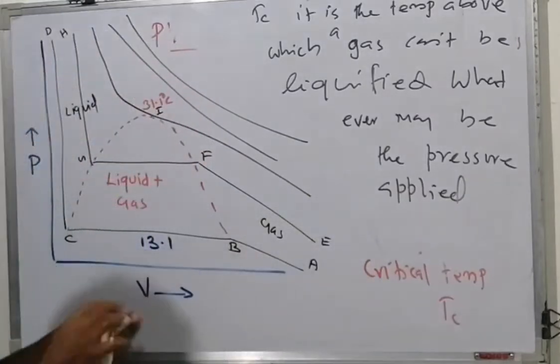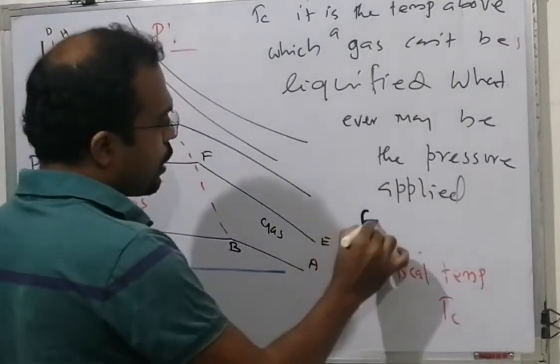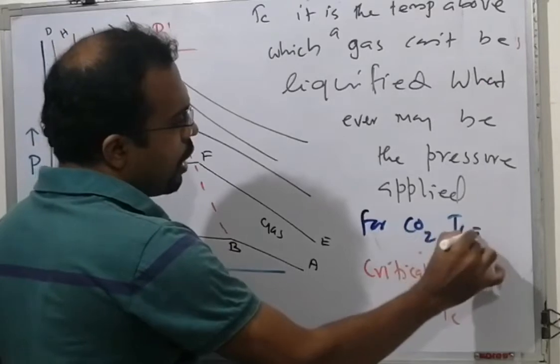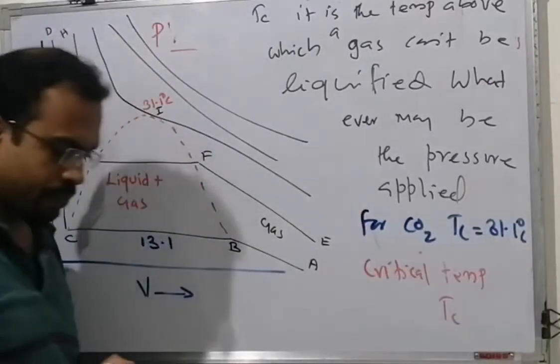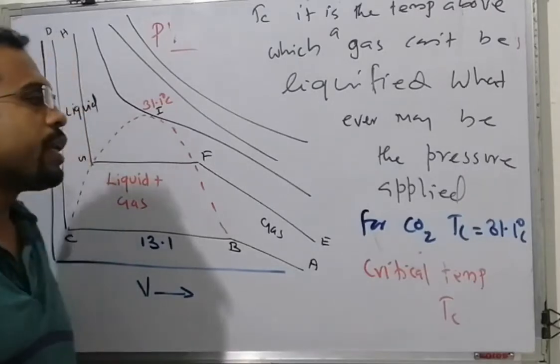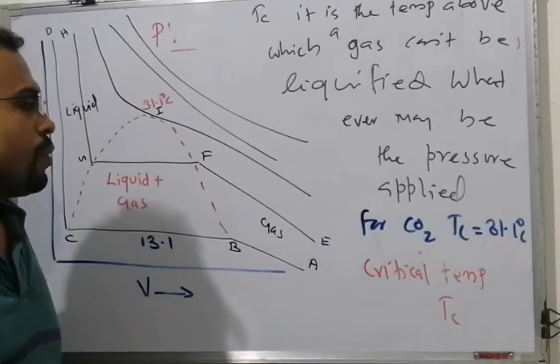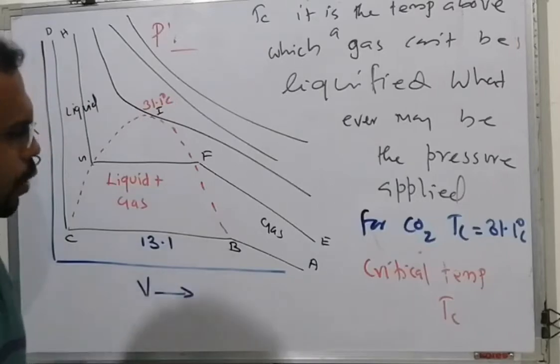For carbon dioxide, the TC value is 31.1 degree centigrade.